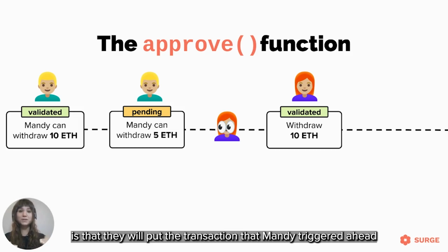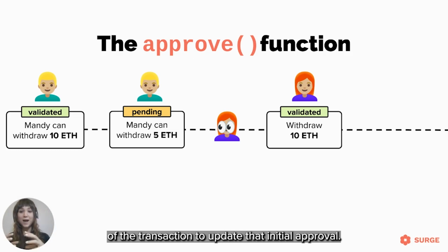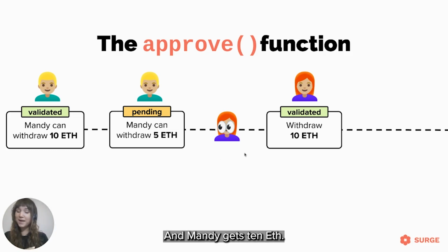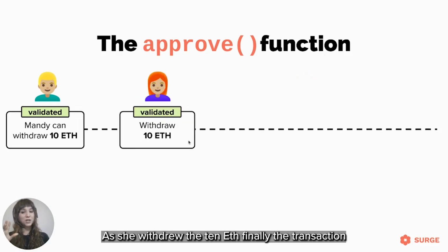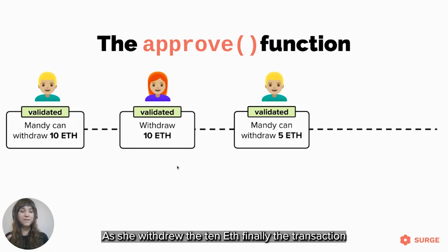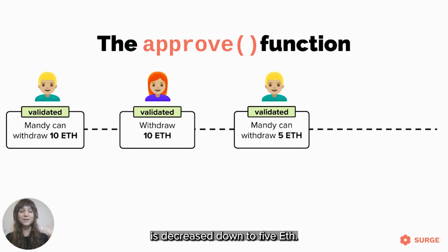So what they will do is that they will put the transaction that Mandy triggered ahead of the transaction to update the initial approval. And Mandy gets 10 ETH. What happens then? As she withdrew the 10 ETH, finally the transaction that Benny triggered is approved and the allowance is decreased down to 5 ETH.